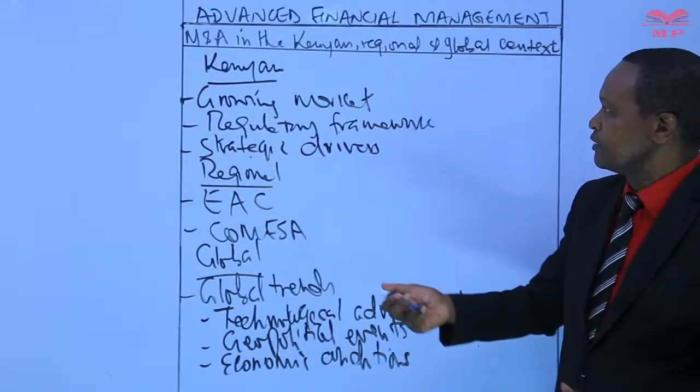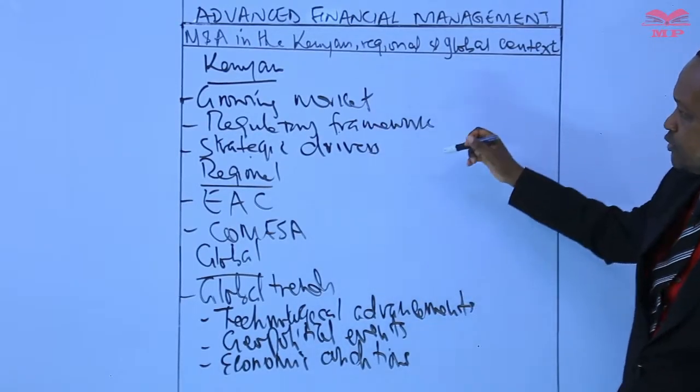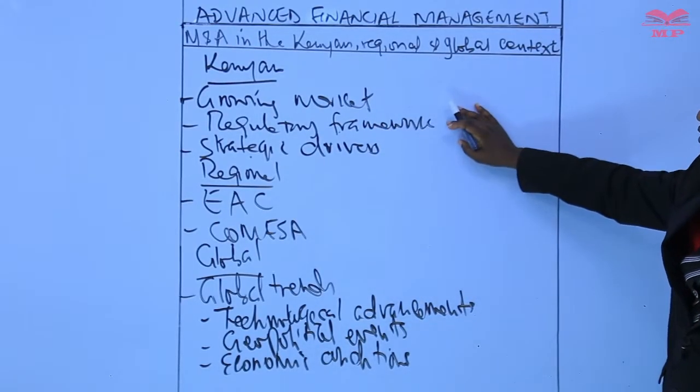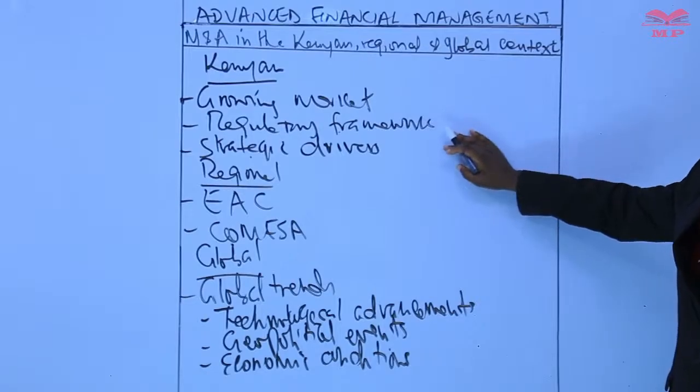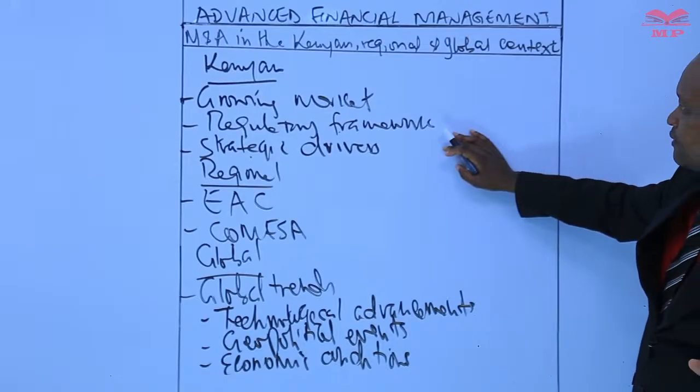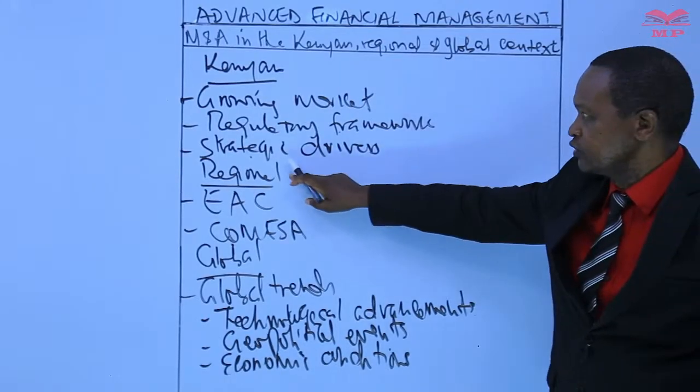I've mentioned a growing market. Kenya has put in place a regulatory framework. We also have other strategic drivers, where companies pursue mergers to expand market share, to diversify their operations, and also to gain access to new technologies. We've gone ahead to discuss mergers and acquisitions in the regional context.